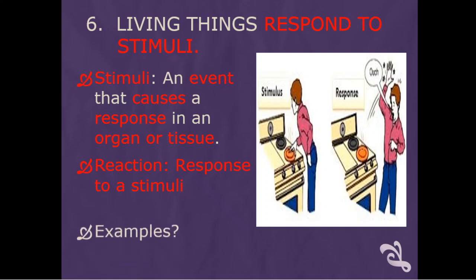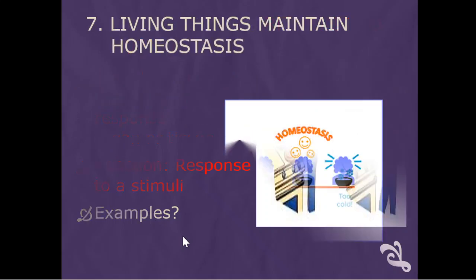Okay. So examples like we just gave, the hot hand on the stove, you could say sweating is a stimuli. Well, it's a response to a stimuli. The stimuli is that your skin gets hot, and so you go ahead and sweat.